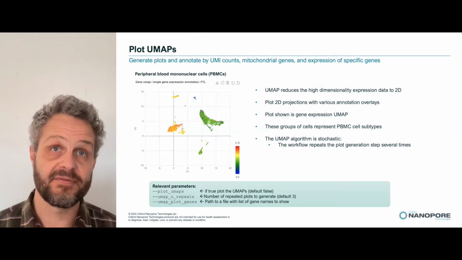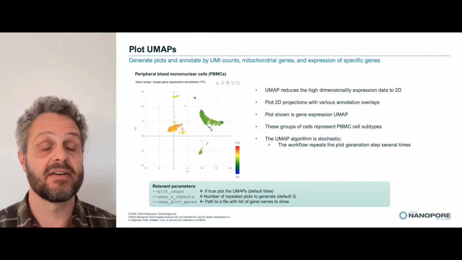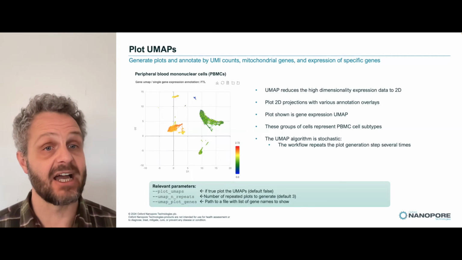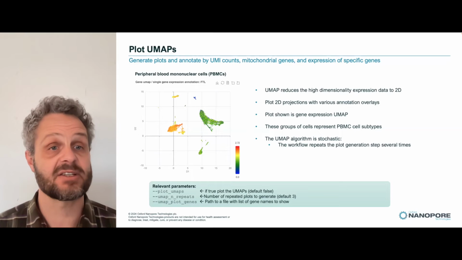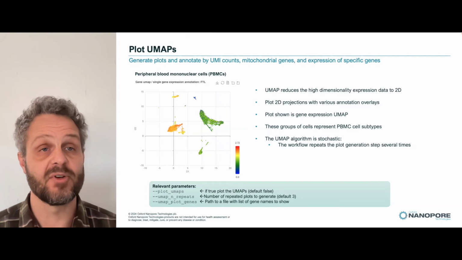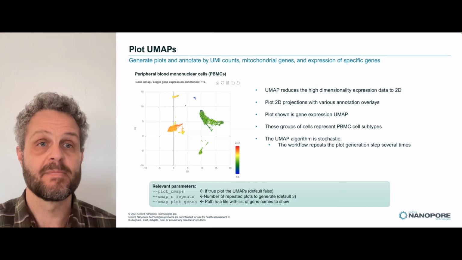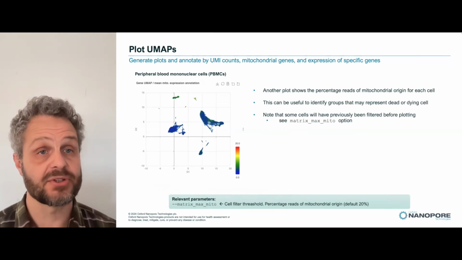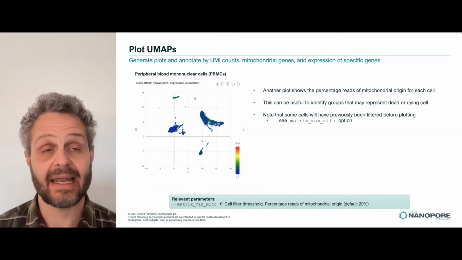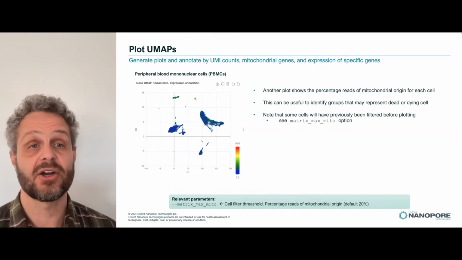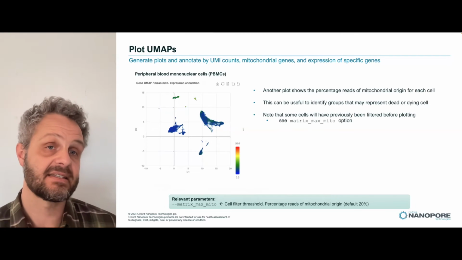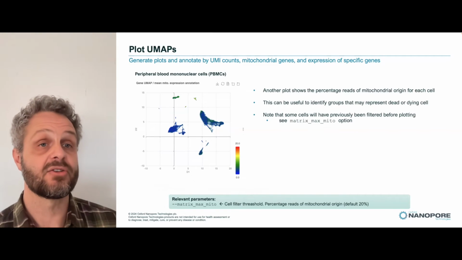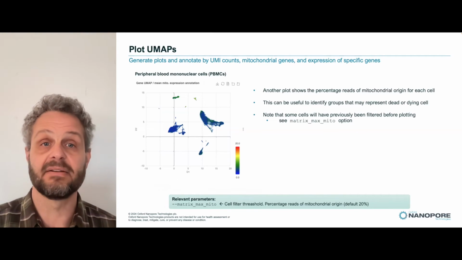So in order to have a bit of confidence in the results that you're seeing, the workflow runs the UMAPs several times, and the number of times it's run can be specified with the UMAP n repeats parameter. The workflow also outputs UMAPs that are annotated by the total mitochondrial expression of each cell, and this can be used to identify potentially groups of cells that are dead or dying.